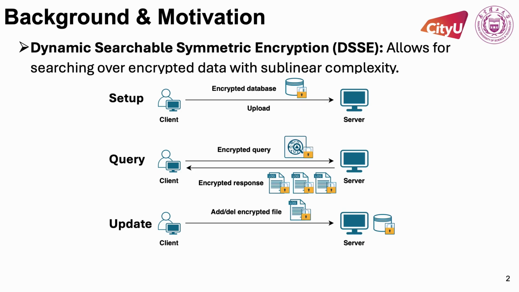The server will correspondingly return the encrypted files as a response. The third is update. The client can add or delete encrypted files from the database. This capacity introduces dynamic characteristics that distinguish DSSE from static searchable encryption schemes.